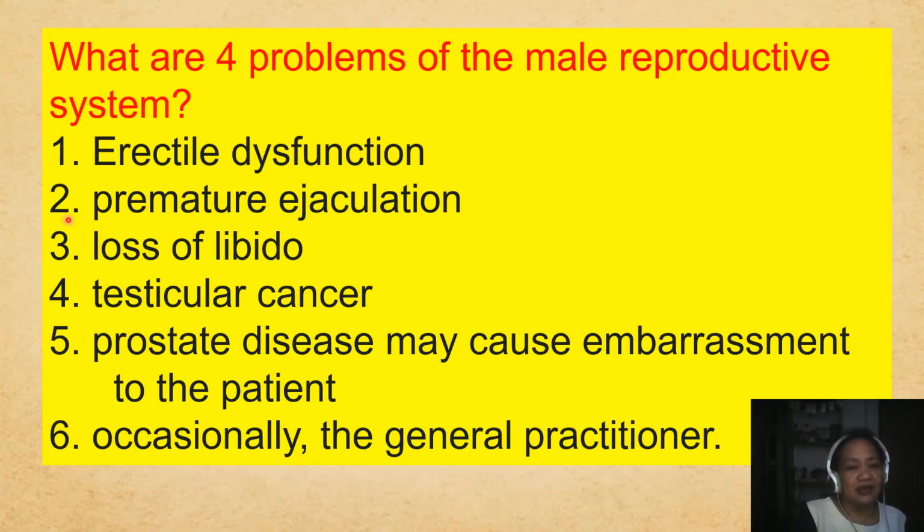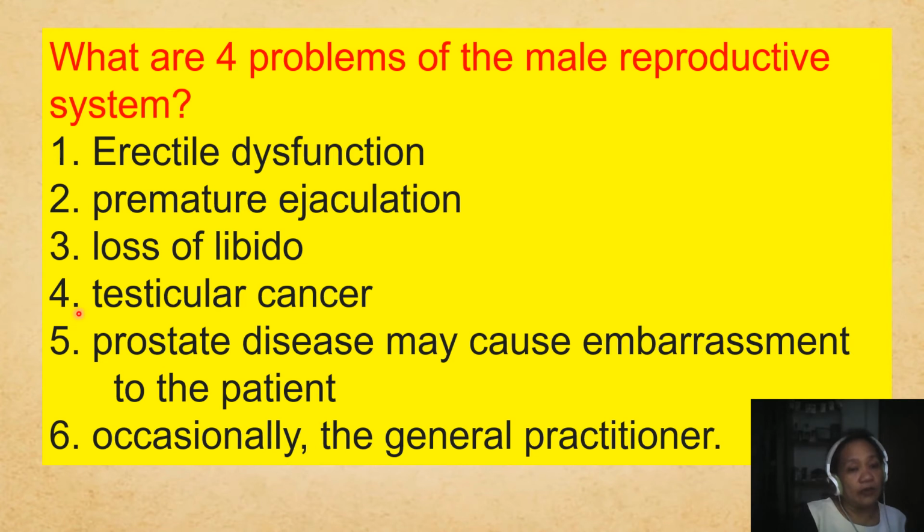Premature ejaculation means you will not experience the ejaculation, or you ejaculate many times. And number 3, loss of libido. You are not aroused by a girl or a female.